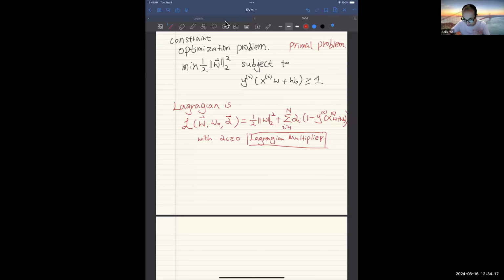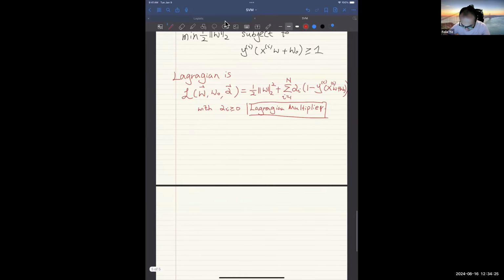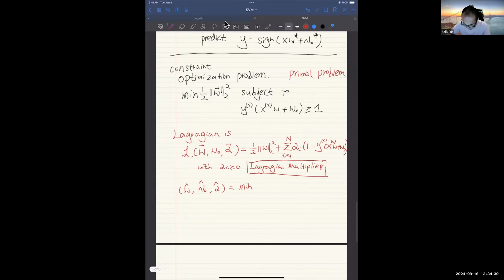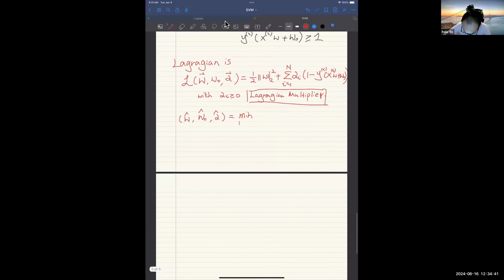So the key is we can reformulate this primal problem by using the Lagrangian. The primal problem becomes the following minimax problem. Previously we had a minimization problem, the minimum over W and W0.